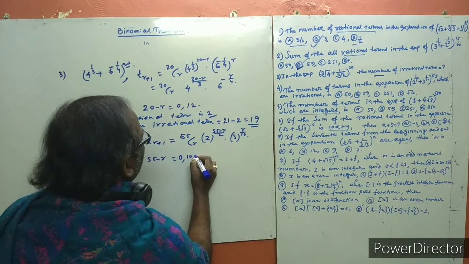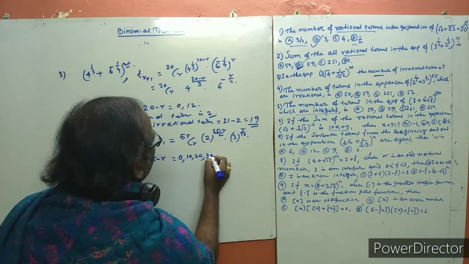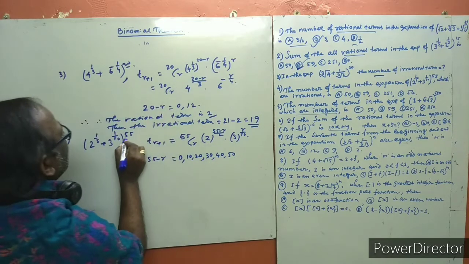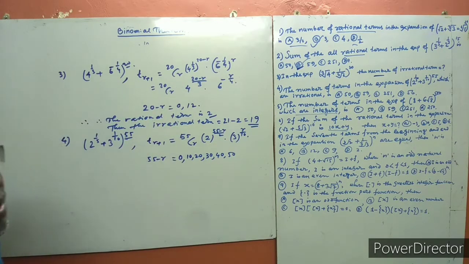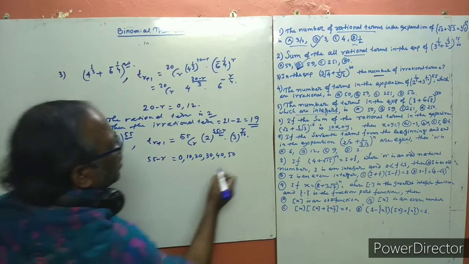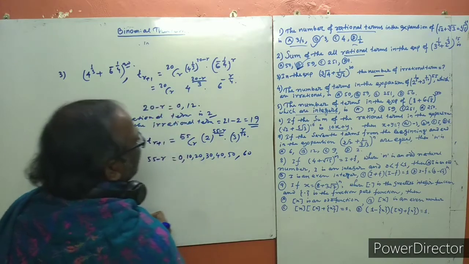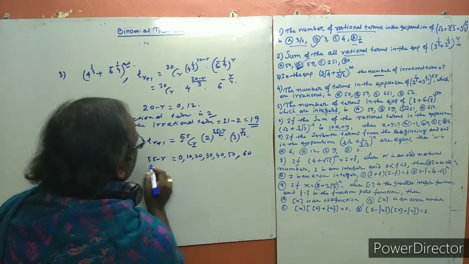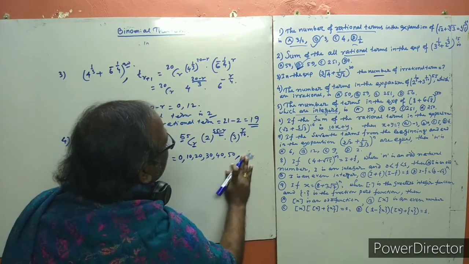So r can be 0, 10, 20, 30, 40 and 50. But here the power is 55, so the number of terms in the expansion is 56. So we don't take 60, because r is at most 55.